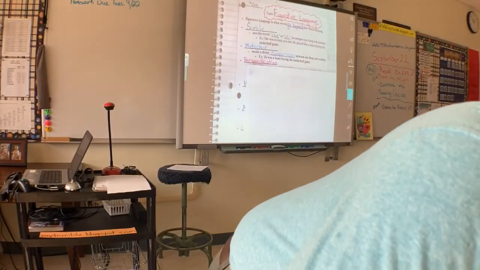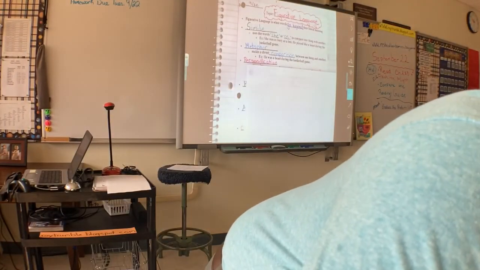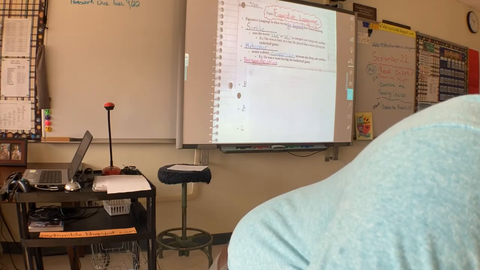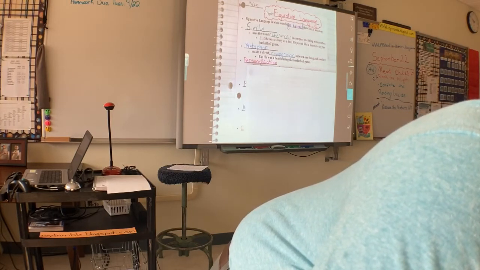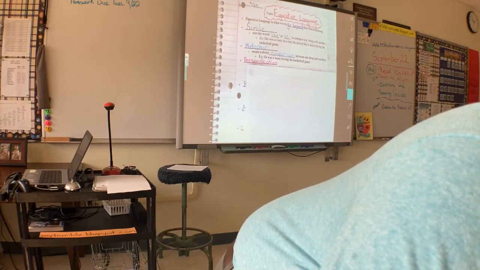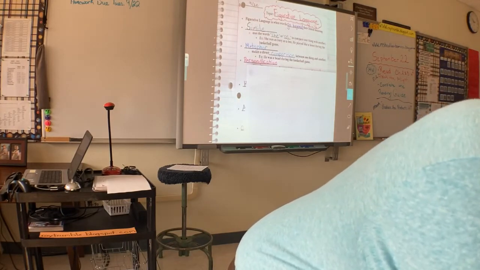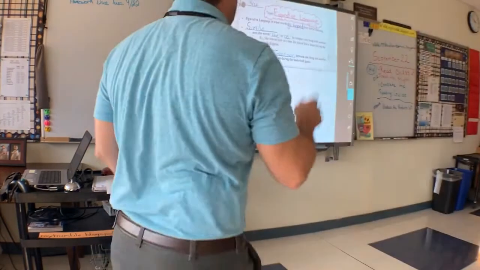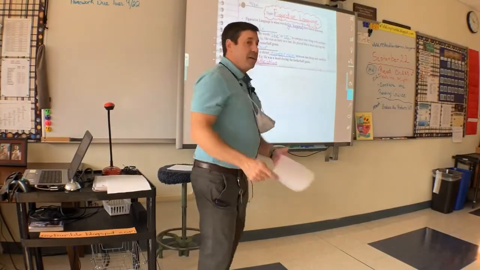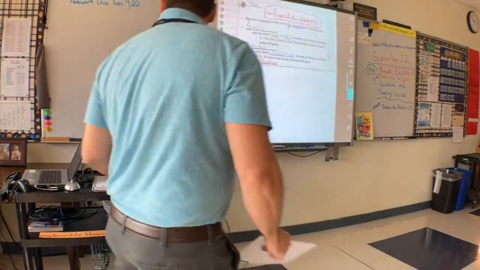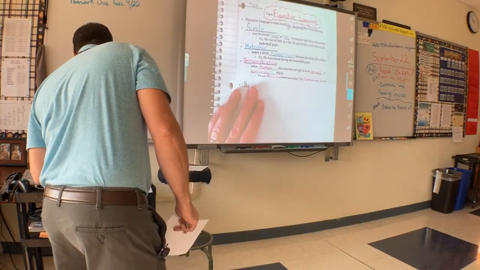Virtual students, anybody want to shout out, what word do you see in personification? Person. I heard someone shout person. We see the word person in personification. So here's your definition.